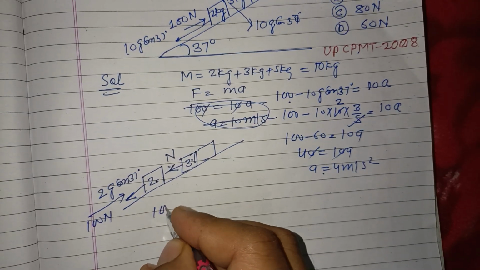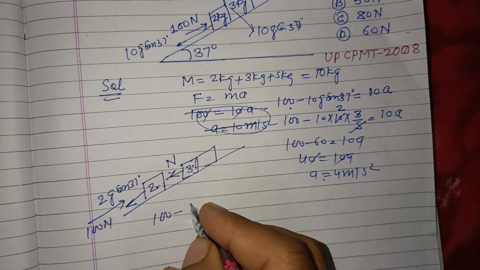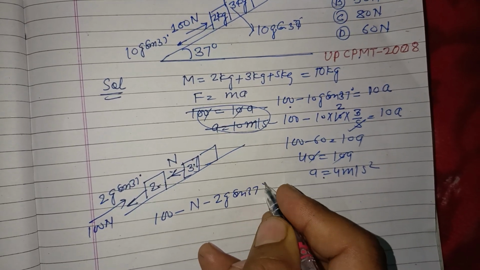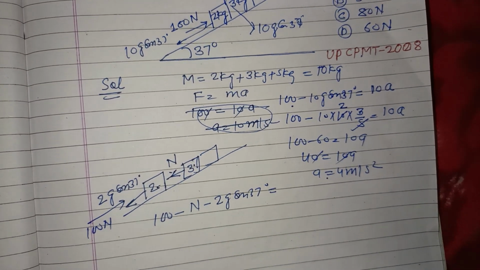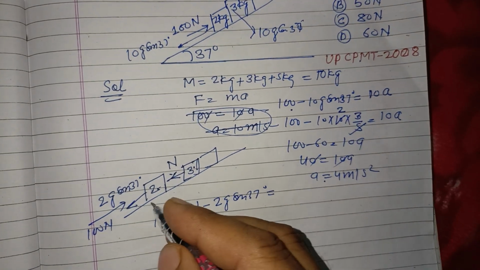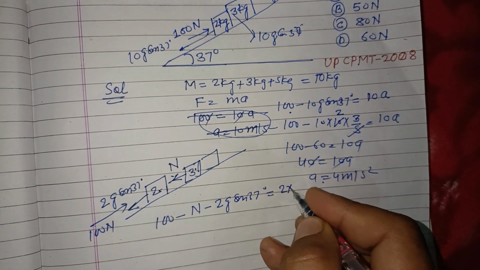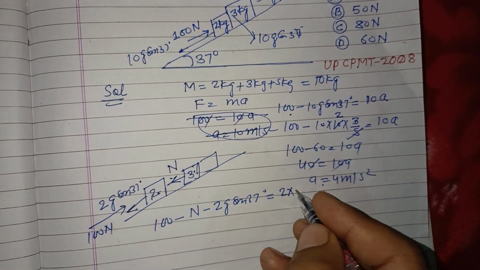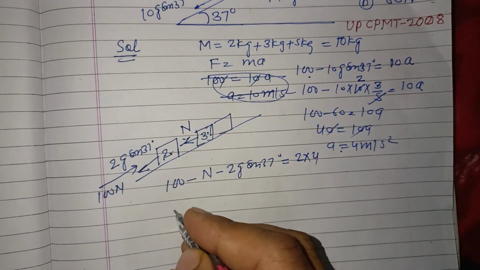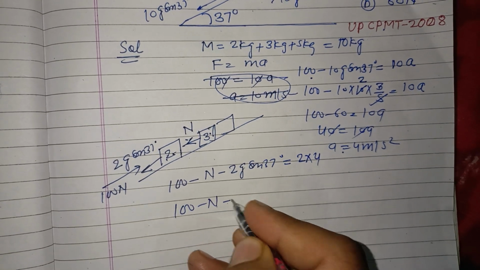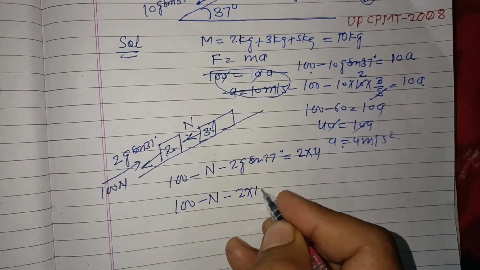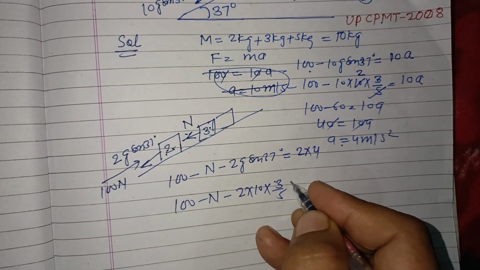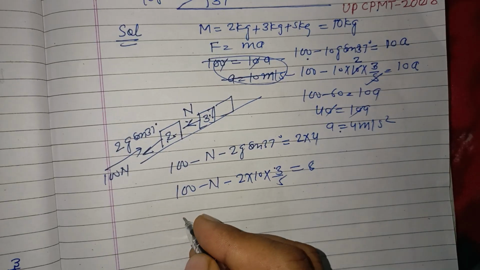So the resultant force is 100 minus N minus 2g sin 37, that is equal to ma, mass of the block 2 kilogram, and acceleration is 4 meter per second square. So 100 minus N minus 2 into g into sin 37, 3 by 5, equals 8.